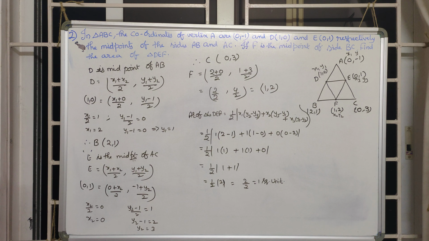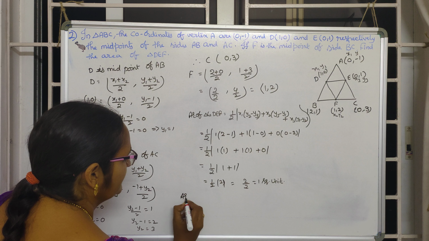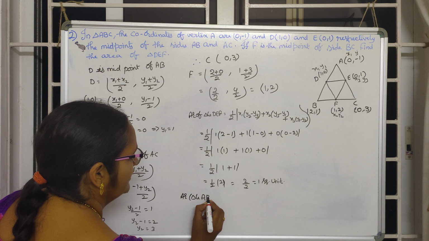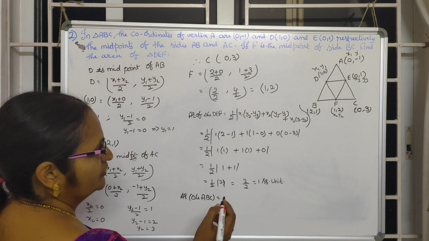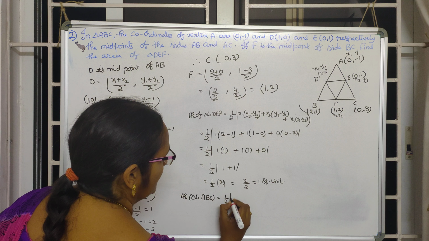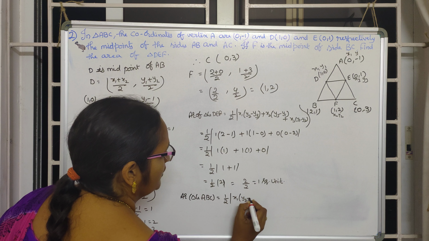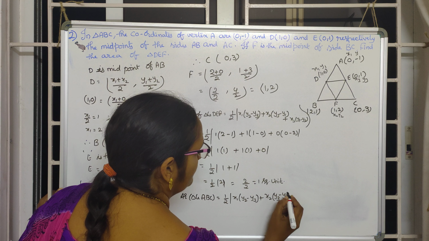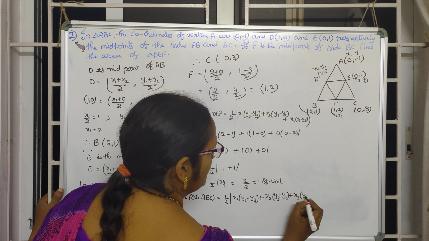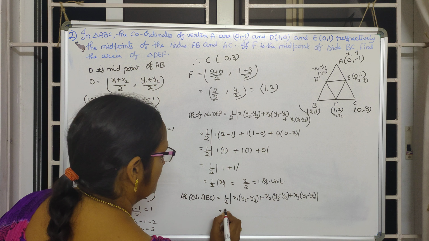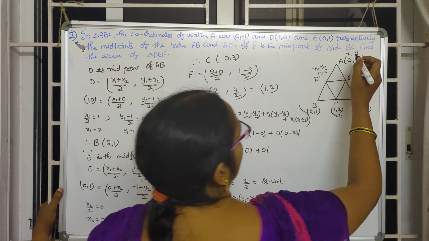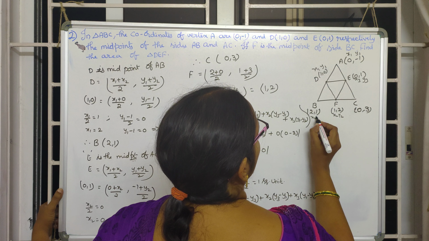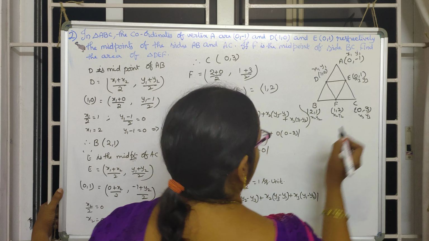Now, after knowing this one, if you want to find out the area of triangle ABC, what is the relation between these two? Check it out there. Area of triangle ABC, I am directly writing over here. Otherwise, you apply the formula: half modulus of x1 into (y2 minus y3) plus x2 into (y3 minus y1) plus x3 into (y1 minus y2). This will be (x1, y1), this is (x2, y2) and this is (x3, y3).